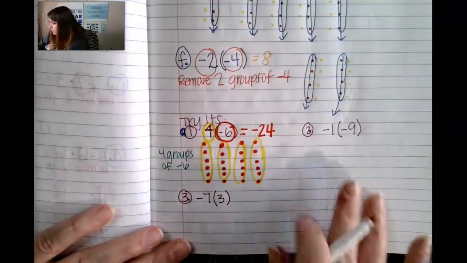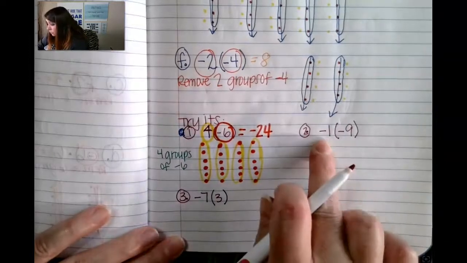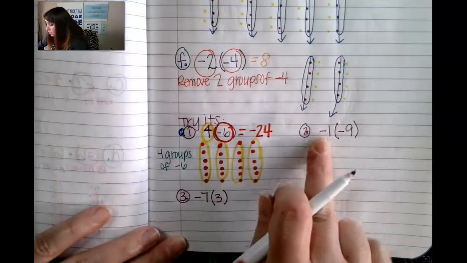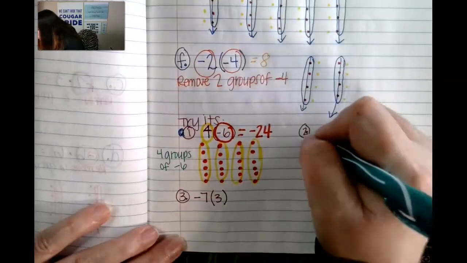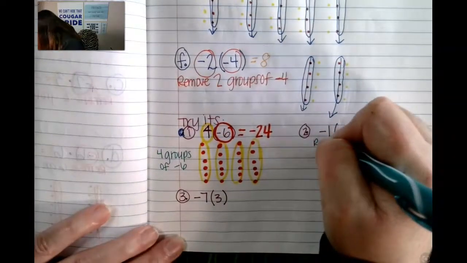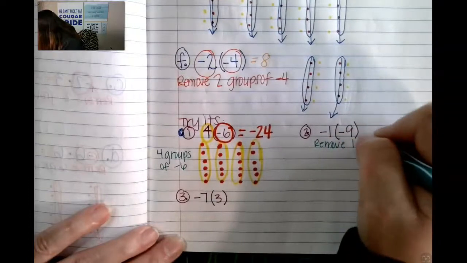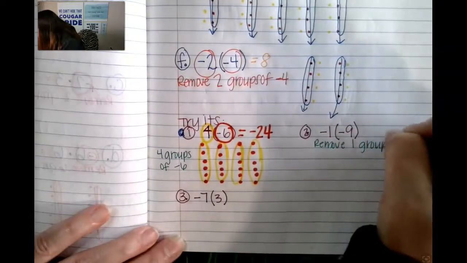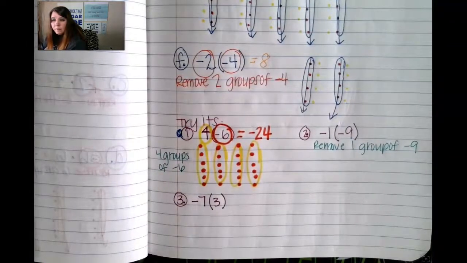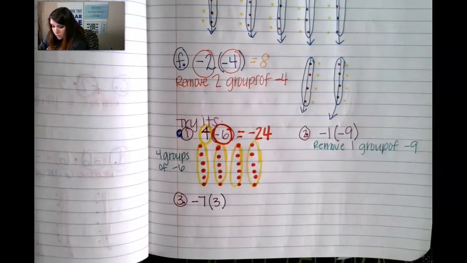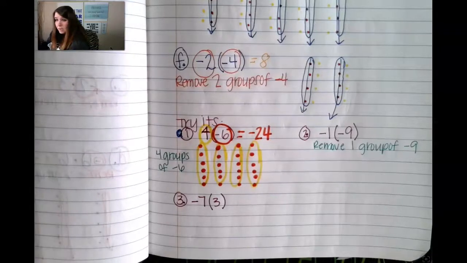Okay, problem number 2. I need to remove one group of -9. So this one says to remove one group of -9. So I need to remove one group of -9. So one group of -9 is going away.